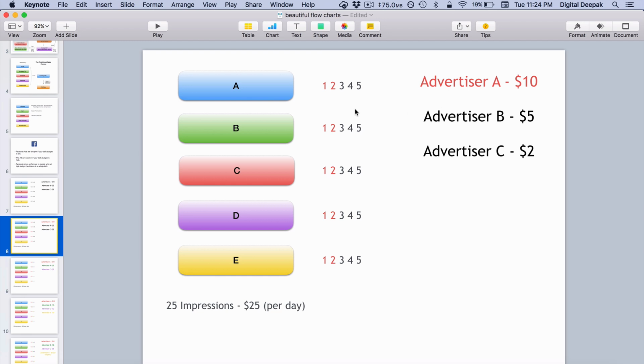So Facebook has to show the same ad again to the same person. So each person is seeing the ad from advertiser A 2 times, right?